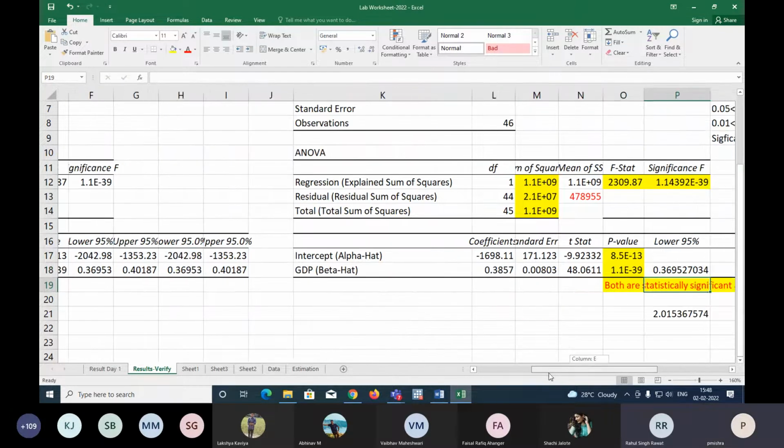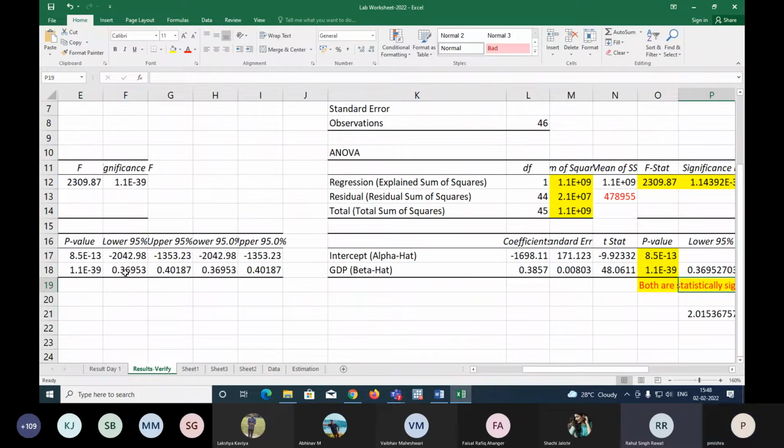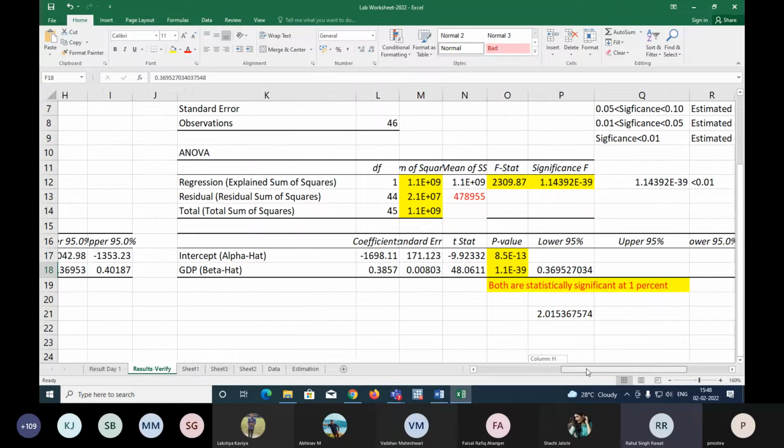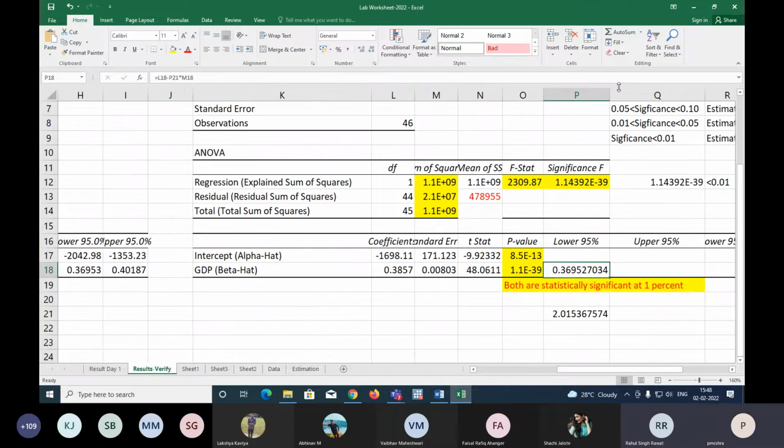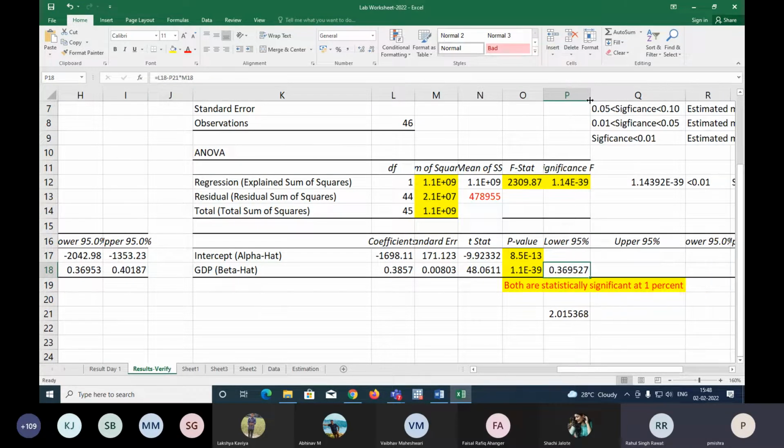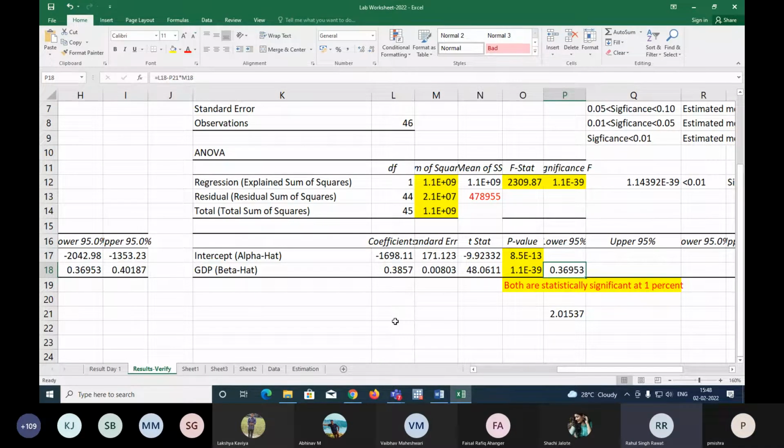Let us see what value we are getting here. You see, lower limit 36953. If I just squeeze it, I hope I'll get the same value.